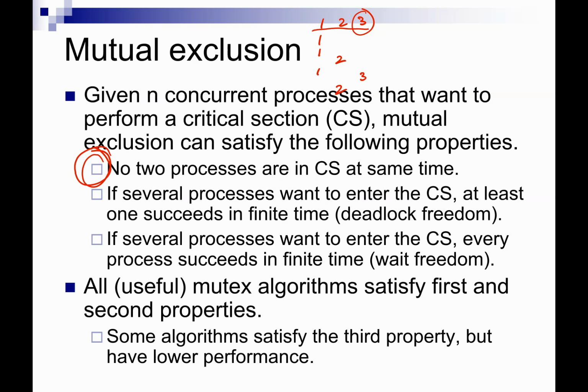Also, even if you have a deadlock-free algorithm, oftentimes in practice it works as a wait-free algorithm. Even if your algorithm is only guaranteed to be deadlock-free, if you have the situation with 3 threads, it's very unlikely that in your executions only 2 threads would always win over and over.